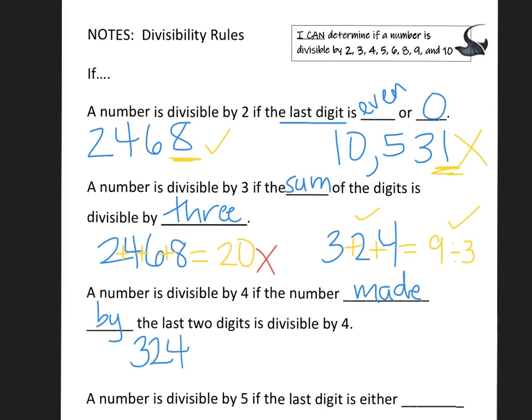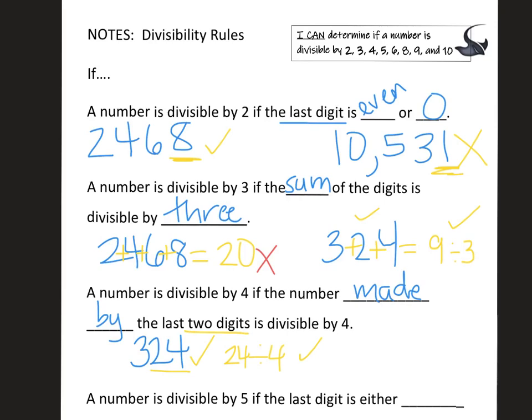I'm only going to look at its last 2 digits, and if those last 2 digits are divisible by 4, then I know that the whole thing is. And 24 is divisible by 4. 24 divided by 4 is 6, so then I know the entire thing, 324, is also divisible by 4.